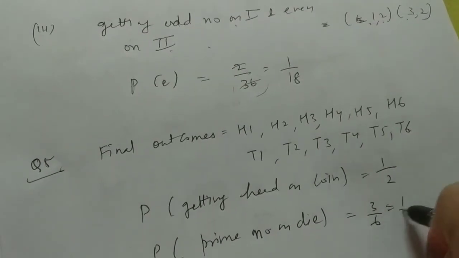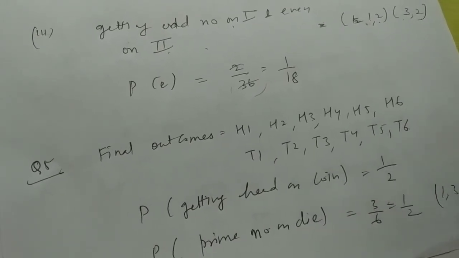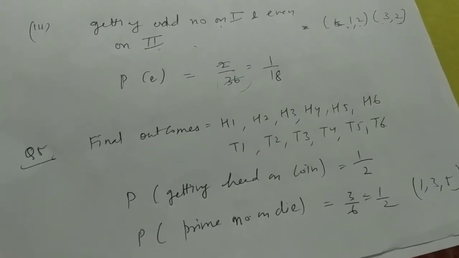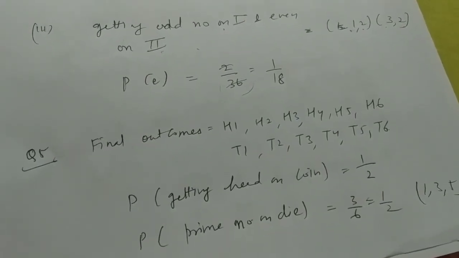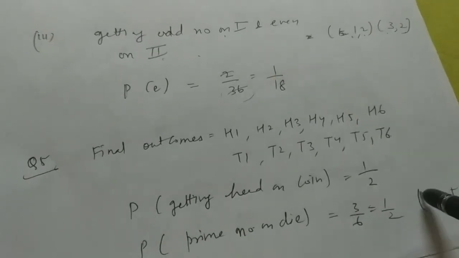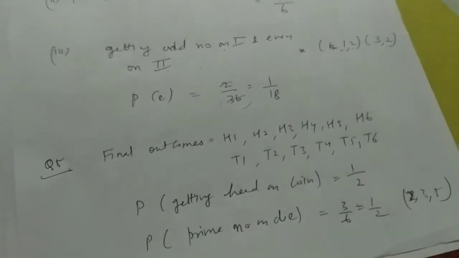That would be also equal to 1 by 2. Prime numbers will be 2, 3 and 5. So hope the question number 5 is also clear.